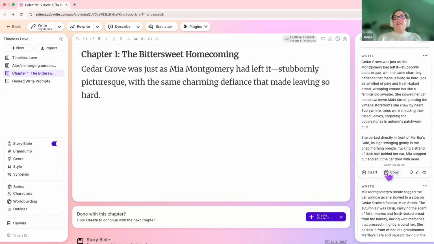You can also copy the card if you want to put it somewhere else. You can thumb it down or up in case there's something incredibly good or something that you didn't like at all, or there's some error message. In that case, you would thumb it down.